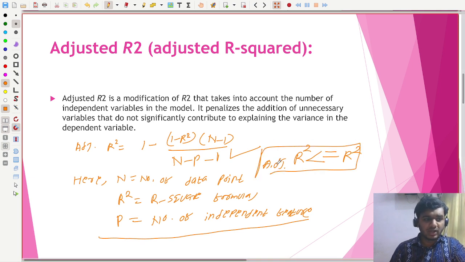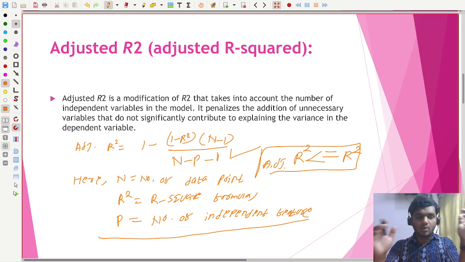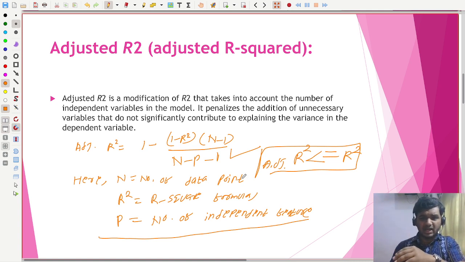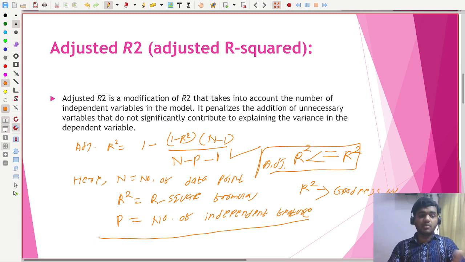And it increases only if the new variable improves the model more than would be expected by chance. While R square measures the goodness of fit of the model, adjusted R square adjusts for the number of predictors in the model, so providing a more accurate assessment of the model's explanatory power.